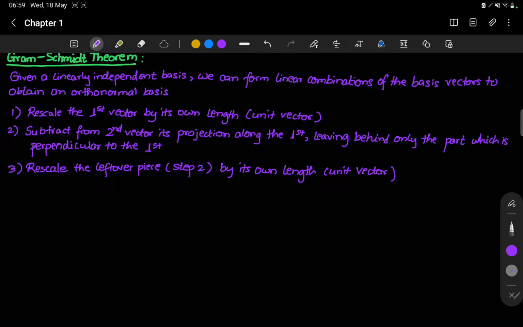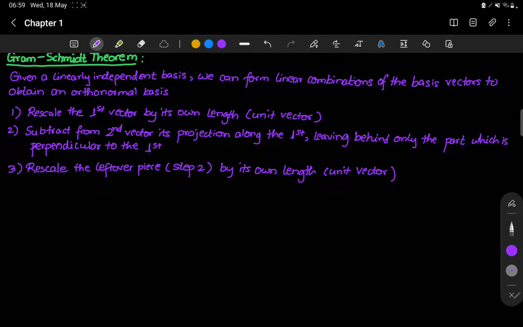So let us see what this procedure is doing. In the first step, we take one vector and normalize it by its norm, or its length. Then we take the second vector and subtract its projection along the first. This subtraction leaves behind only the part which is orthogonal to the first vector.